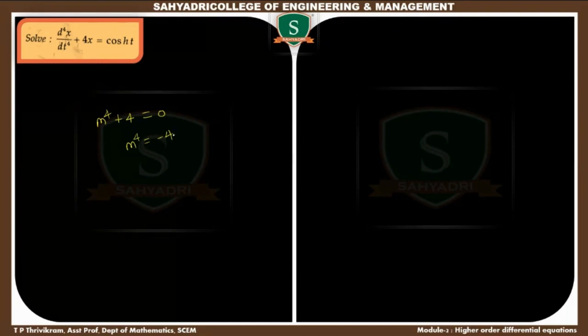M equal to minus 4, whole power 1 by 4 you will get. Total 4 roots you should get, right?